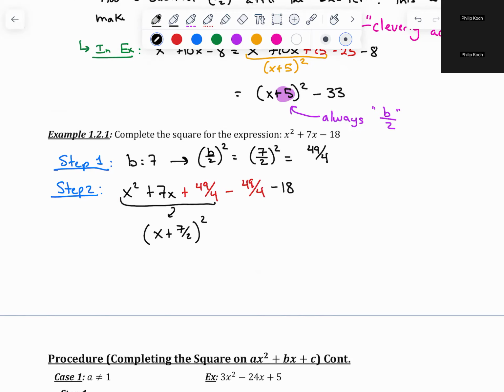I guarantee you, if you try to FOIL it or do whatever you want to factor it, you will get x plus 7 halves quantity squared. And then this will simplify to minus, use your calculator for this, 121 fourths.